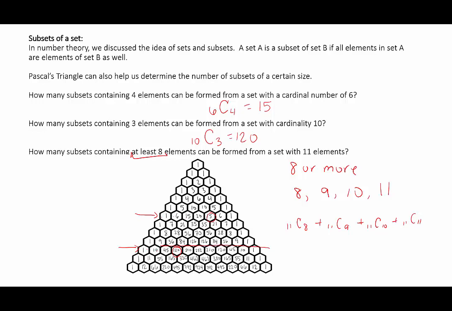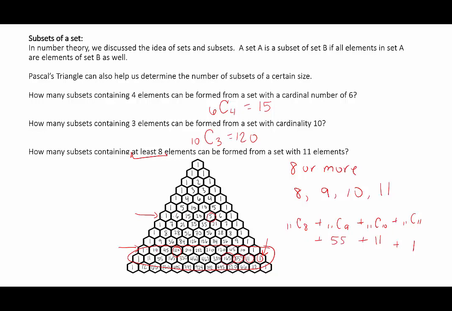So all of these are going to be found in this 11th row. And if we work backwards, it might be a little bit easier because this one here, that's 11 choose 11, and there's 1, right? There's only one subset that could be formed with 11 elements from a set containing 11 elements, and that's just including all of the elements. 11 choose 10 would be the next one over. That would be 11. 11 choose 9 would be the one right in front of it, 55.